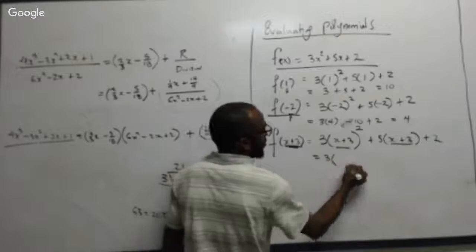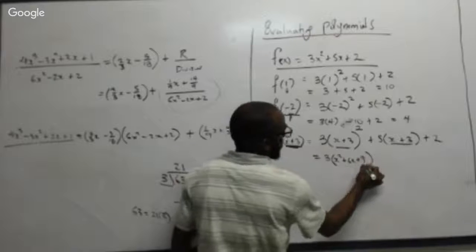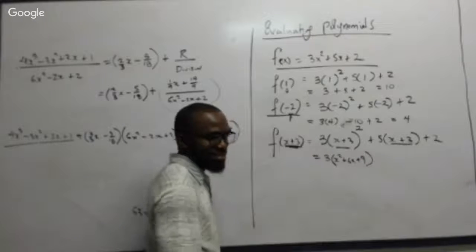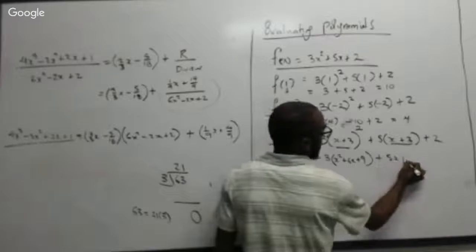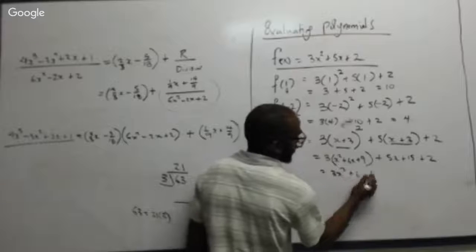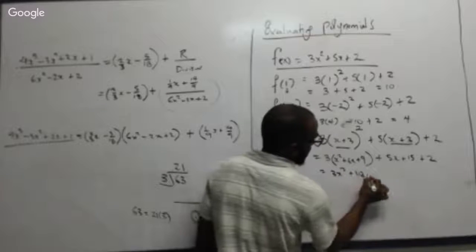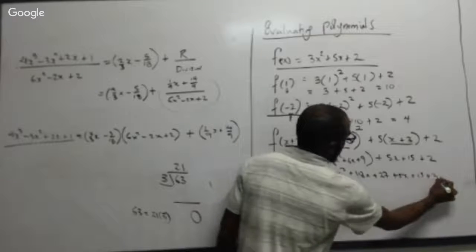So this is now 3, and I expand that: x squared plus 6x plus 9. You know that better, yes? Plus 5x plus 15 plus 2. That gives 3x squared plus 18x plus 27 plus 5x plus 15 plus 2.